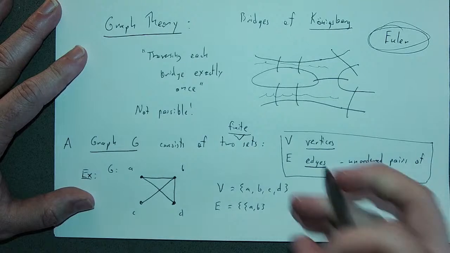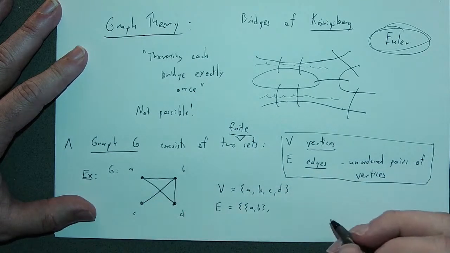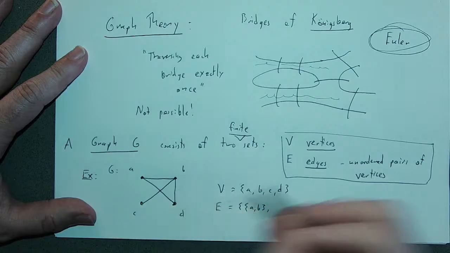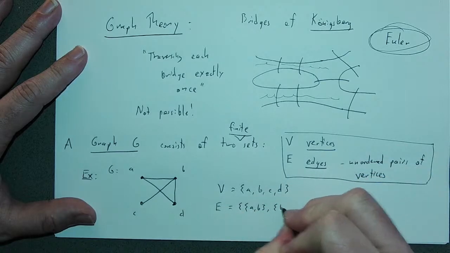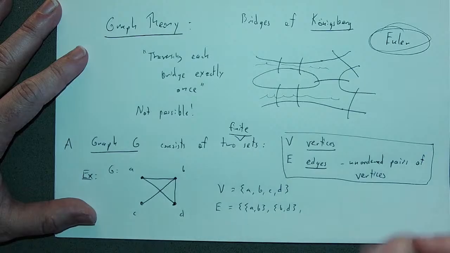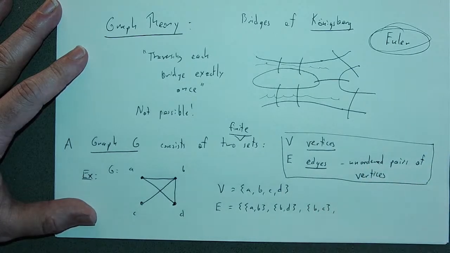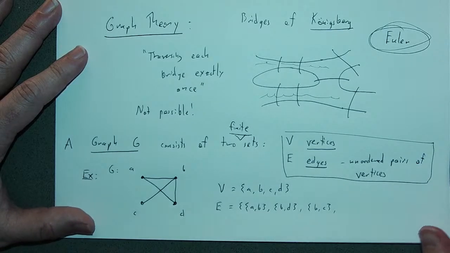They are connected by an edge, so AB. I have BD, no particular order here. I have BC. What else do I have here? What did I miss? I missed AD.